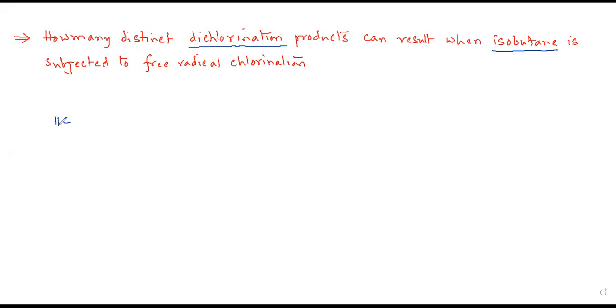Let's see. See, this is isobutane. What happens when this is treated with chlorine in the presence of sunlight? Of course, dichlorination.